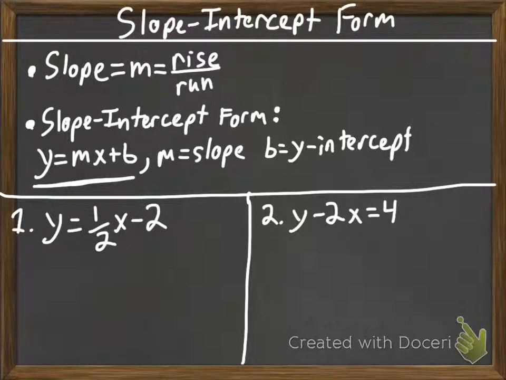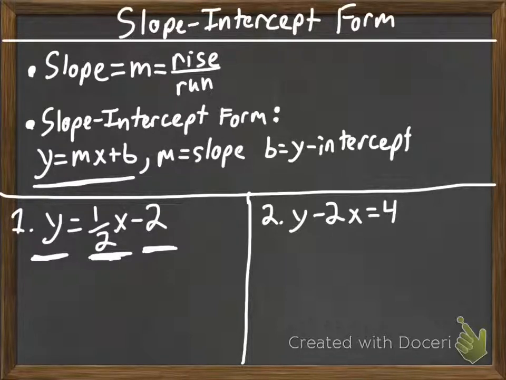These first two here, I just want to talk about putting in slope-intercept form and identifying if it is in slope-intercept form or not. So, number one, the first thing you always want to do is make sure, is it in slope-intercept form? Is the y by itself? Is the slope with x? And do we have an intercept? So, it looks like for number one it is.